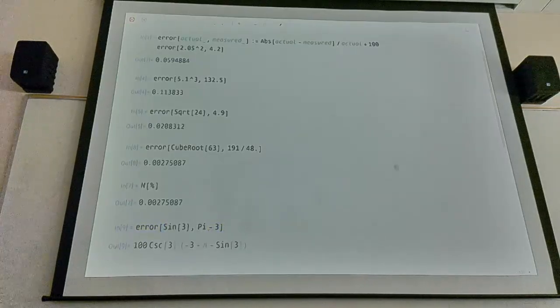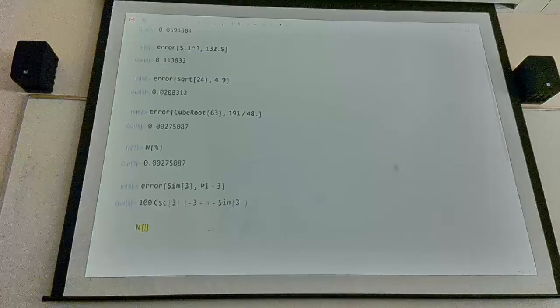So again, it's not going to give us an approximate value, it's going to give us an exact value. Ooh, that's our worst one yet. It's a 0.33% error.